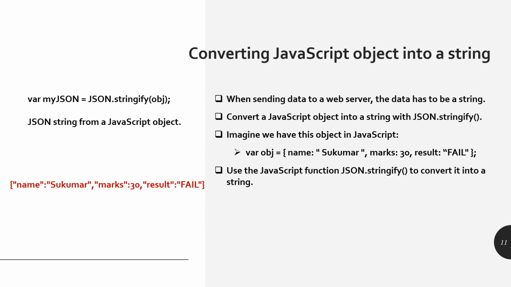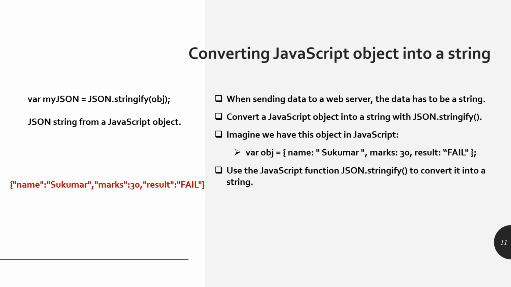Just now we have discussed that we receive a string content and we need to convert that thing to JavaScript object for processing purpose. Similarly, it is essential for us to convert JavaScript object to string also. Now let's see how that can be done.